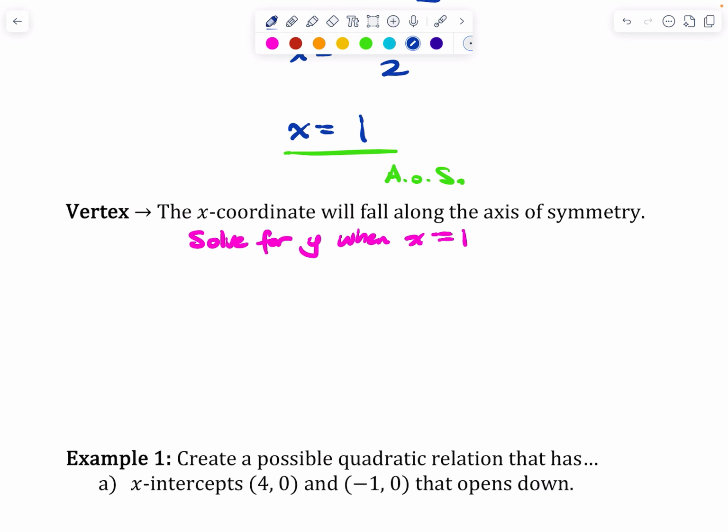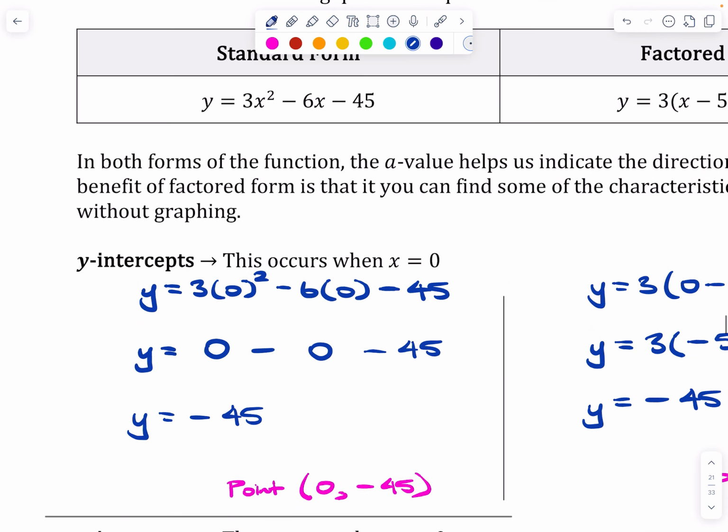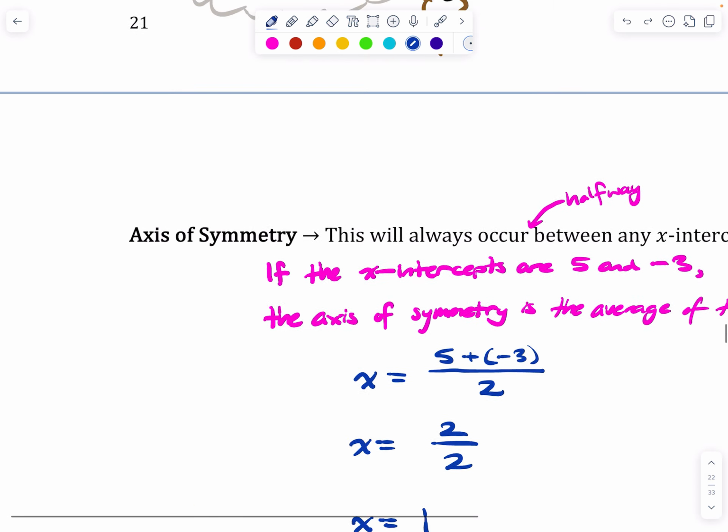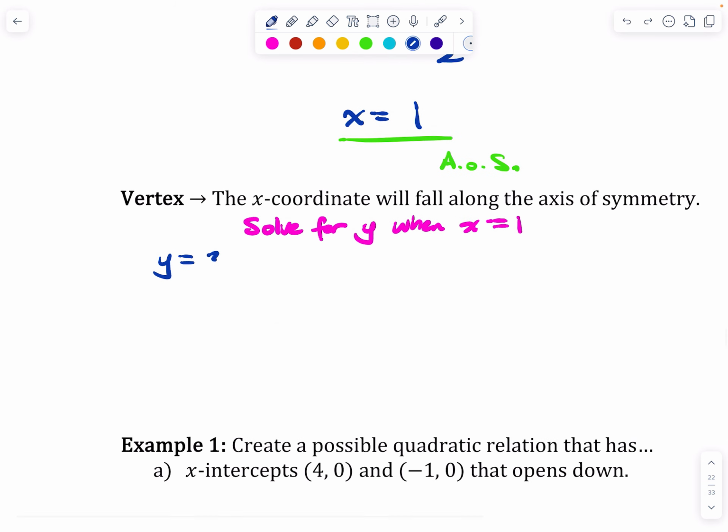So in the standard form, y was, just scrolling back to it real quick, 3x squared minus 6x minus 45. I'm going to take that, replace all the x's with 1s. So 3x squared is 3 times 1 squared minus 6x, so minus 6 times 1 minus 45.